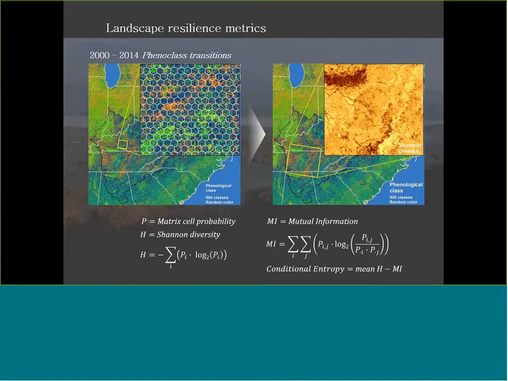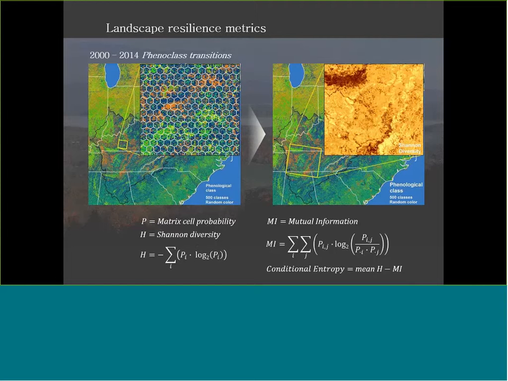So when we go to the slide, we should be seeing on the left-hand side a map with some white hexagons superimposed over these phenoclasses. Those just group landscapes at an arbitrary landscape scale, and we're actually doing these analyses at multiple spatial scales.